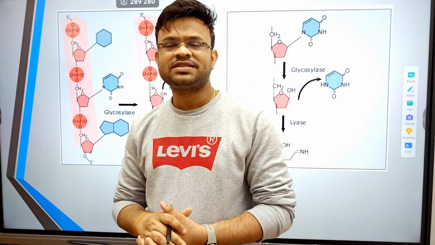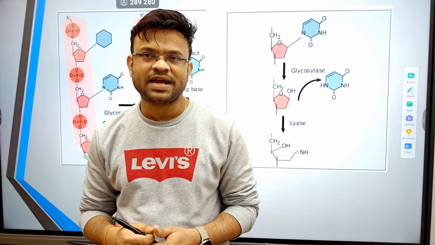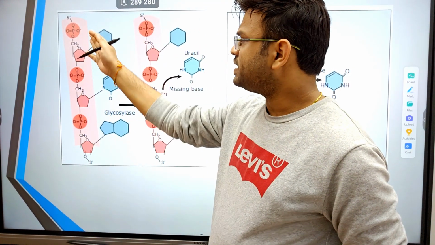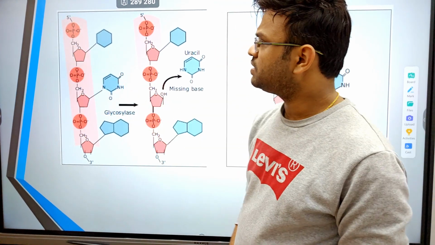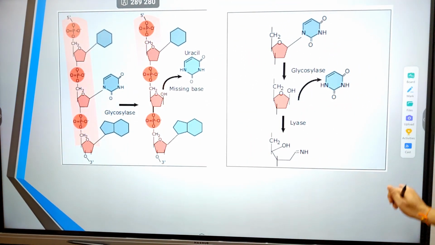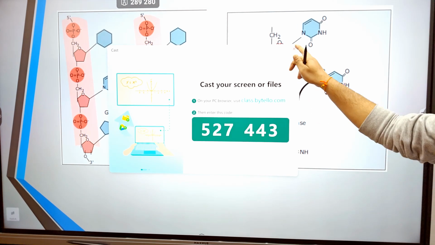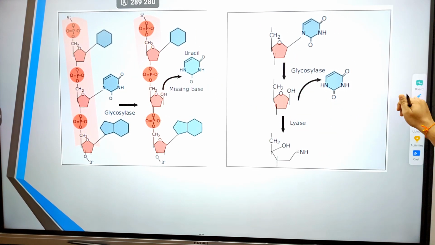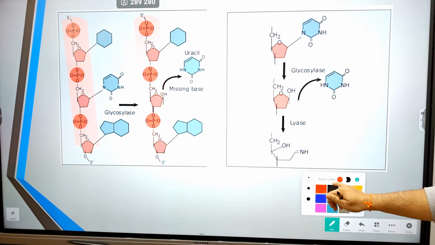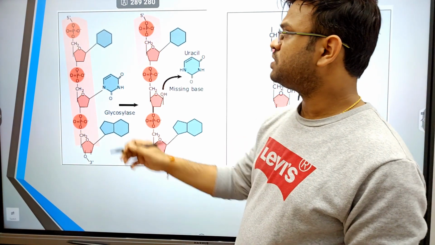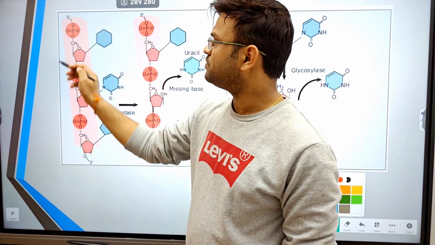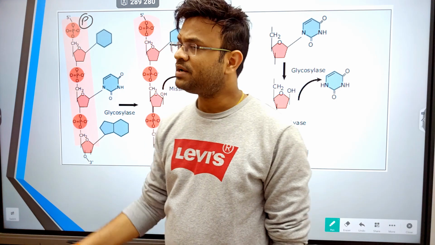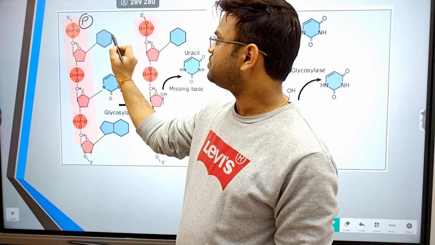Okay, so now let us look at this image and get a better understanding about how base excision repair functions. So quickly, this is the image of the sugar phosphate backbone that I was previously telling. Give me a minute. So yes, if you check this out, this is the sugar phosphate backbone. This is the phosphate. Remember, phosphate is always present at the 5 prime end, and then over here this is a nitrogenous base.